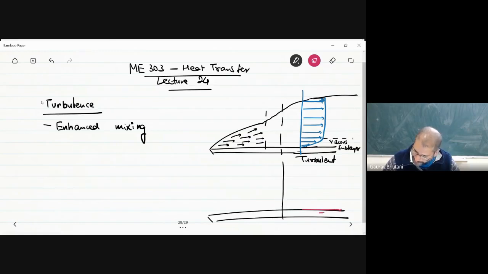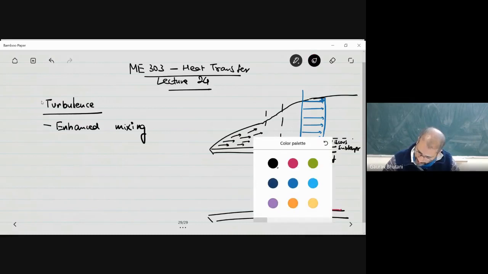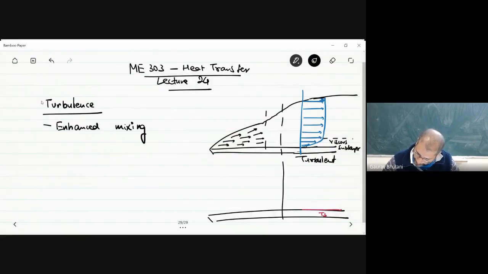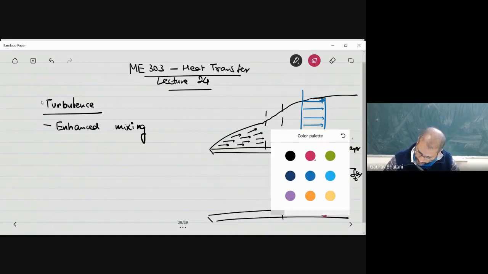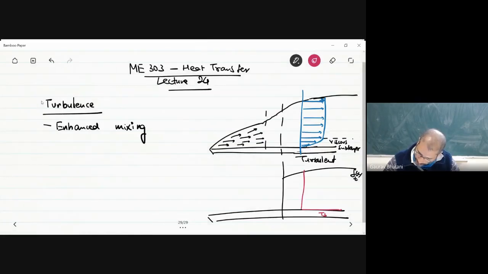So we have this Ts, which is the surface temperature, and let's say this is our thermal boundary layer delta as a function of x, and this is our T infinity. So this is typically what we used to see earlier.